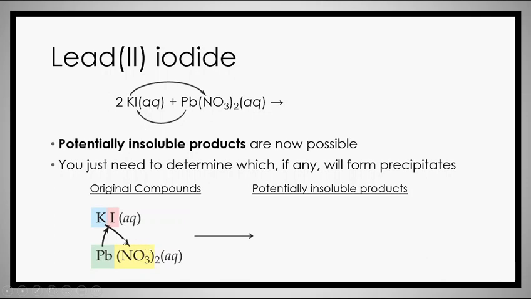And so here, once you swap their partners, you have 2 products. Both of those, or neither of those, or one of those can have the potential of being a solid product. So the first thing you need to do is identify which ones we have and then figure out if it's going to be a solid or if it's going to be soluble.